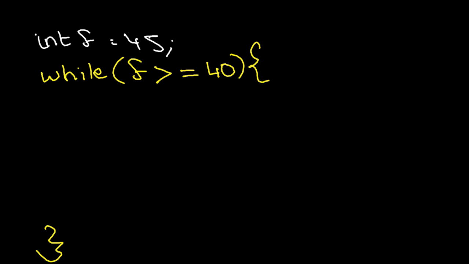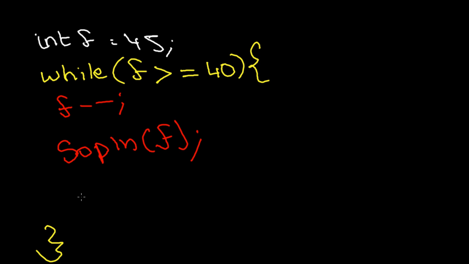What can we do? While f is greater than or equal to 40, let's subtract 1 from the value of f and print the value of f each time. So what happens? Let's go through this whole program. Let's run it on our own.